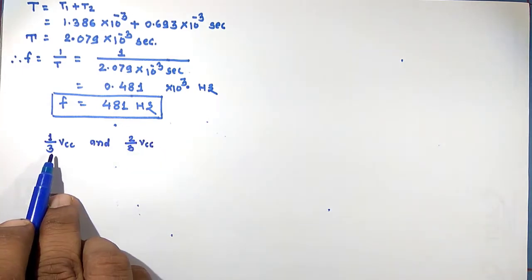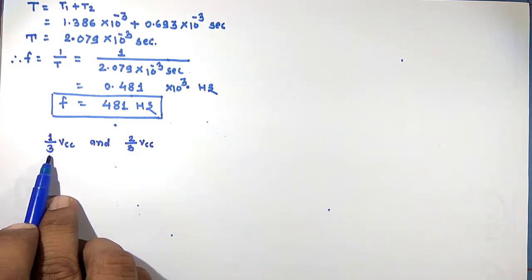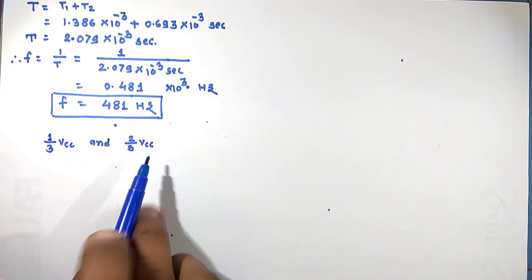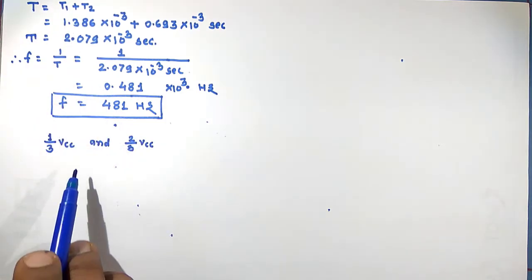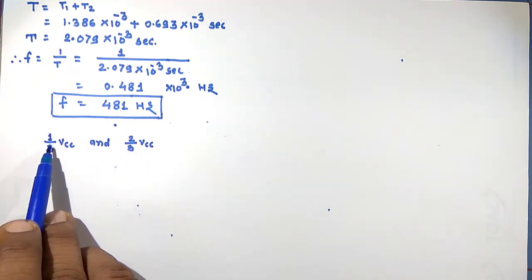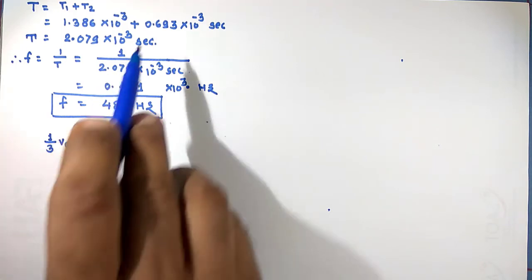So capacitor charges from 1/3 VCC to 2/3 VCC in time T1, and it discharges from 2/3 VCC to 1/3 VCC in time T2.